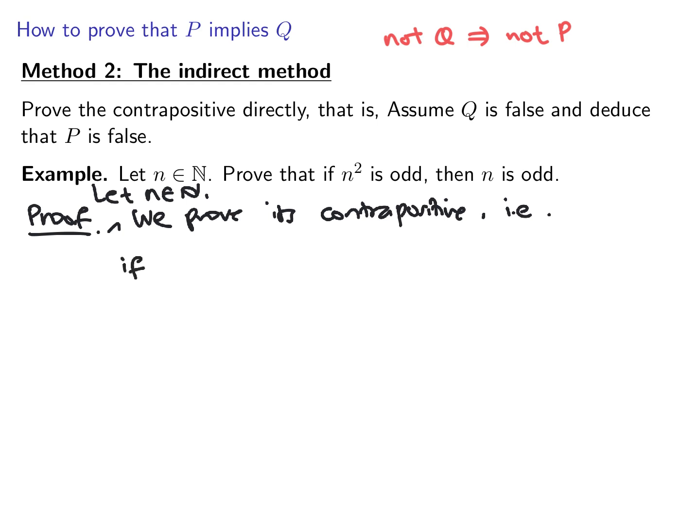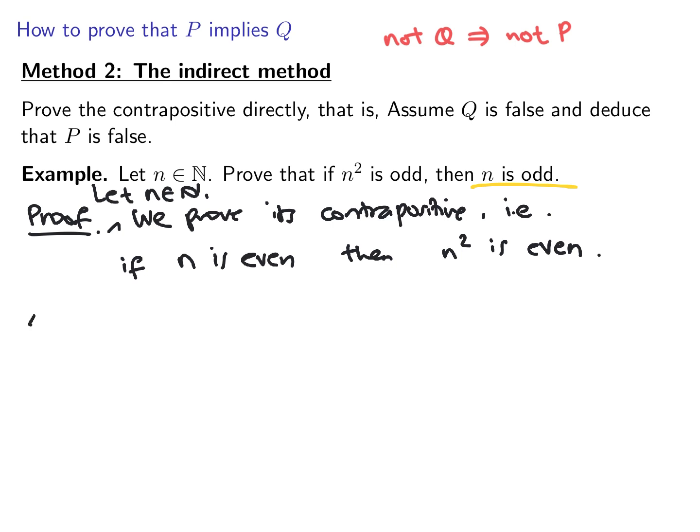That is, if not Q, not (n is odd), that is, if n is even, then n squared is even. Okay. So now we're going to prove this implication directly. Okay?